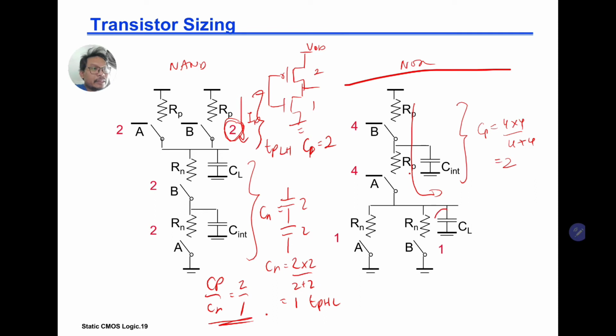The worst case is discharging only through this one, where here is off, here is on, and the effective size CN is only equal to 1. Going to the worst case transistor, your CP over CN is equal to 2 over 1. So then you should have roughly the same TPLH and TPHL.